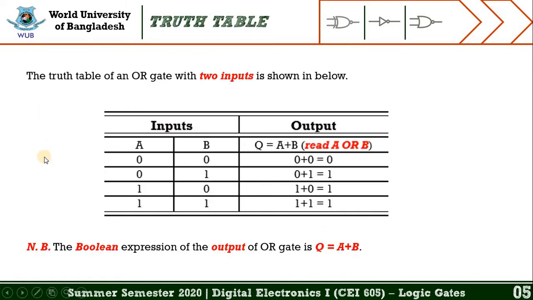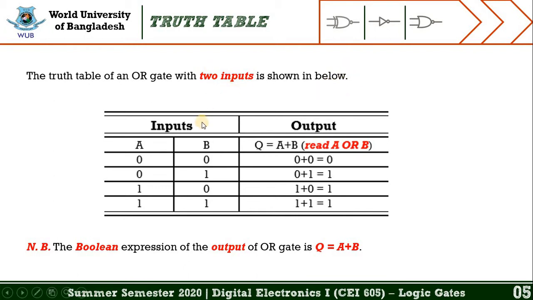From this slide you may learn the truth table of the OR gate. One thing is important to mention: the OR gate we discuss here has only 2 inputs.